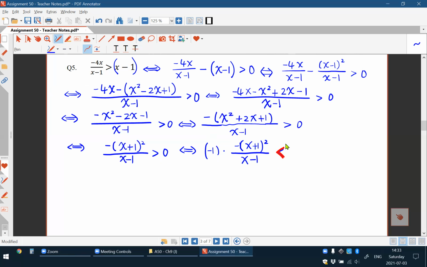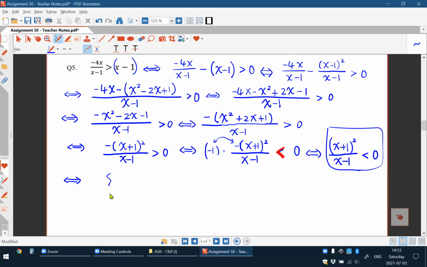And 0 times minus 1, of course, is still 0, right? And minus 1 times minus 1 here is 1. So (x plus 1) squared over x minus 1 below 0, right? And you can see now we have a ratio which is a negative number. So the signs of the numerator and denominator should be different.